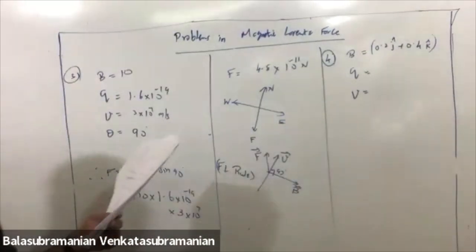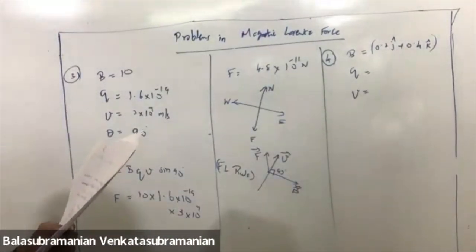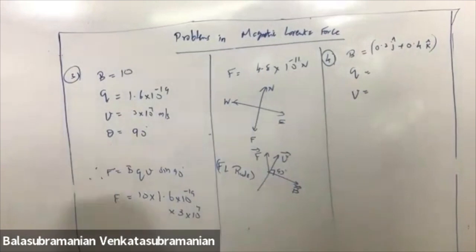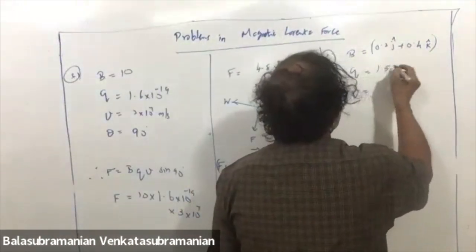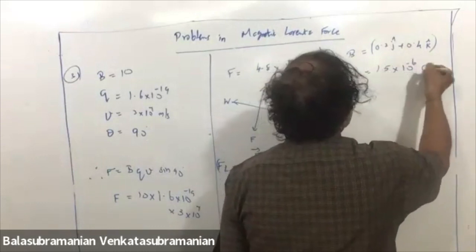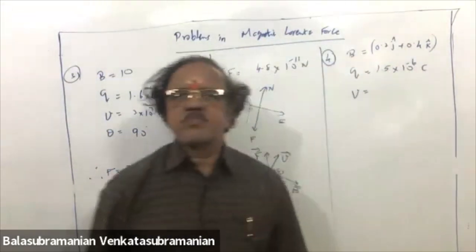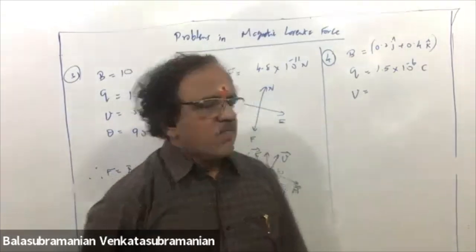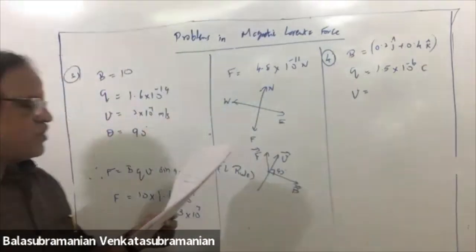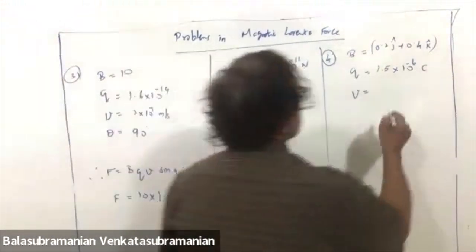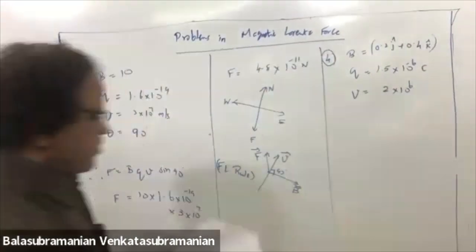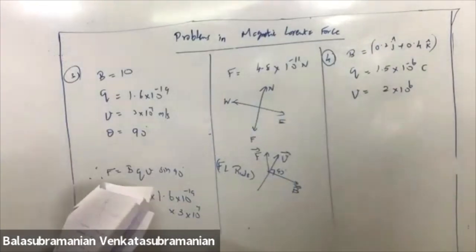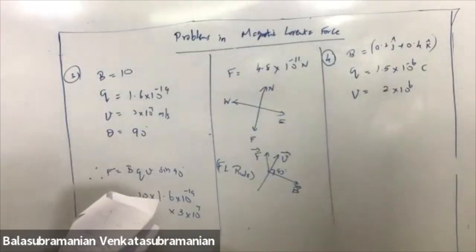Q charge, positive charge of 1.5 microcoulomb, 1.5 into 10 power minus 6 coulomb, with a velocity 2 into 10 power 6 meter per second, of course. What is the formula?